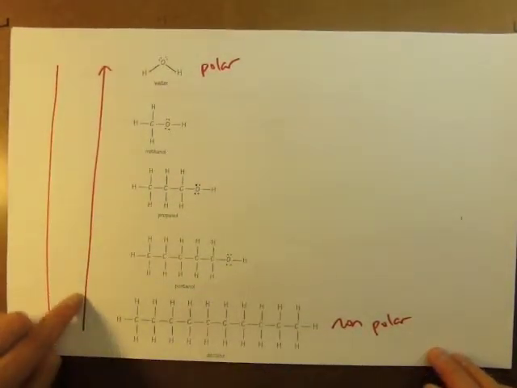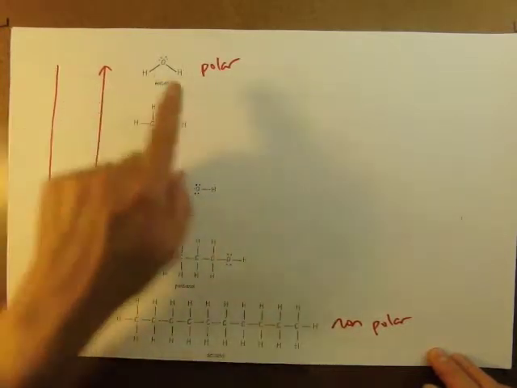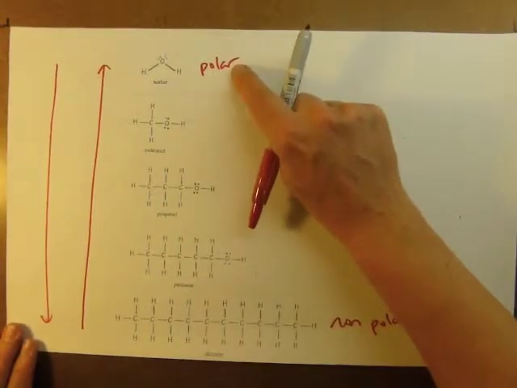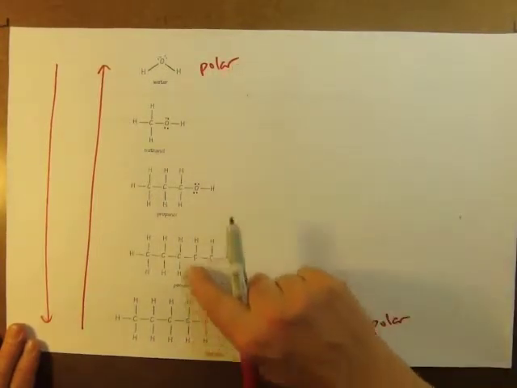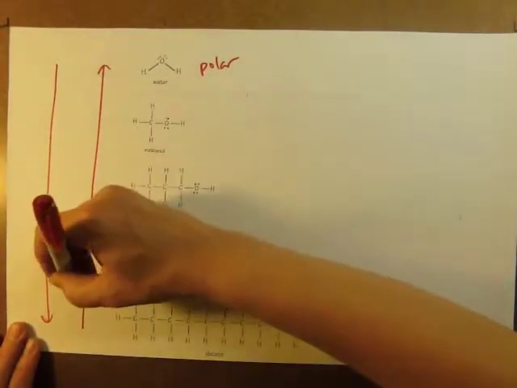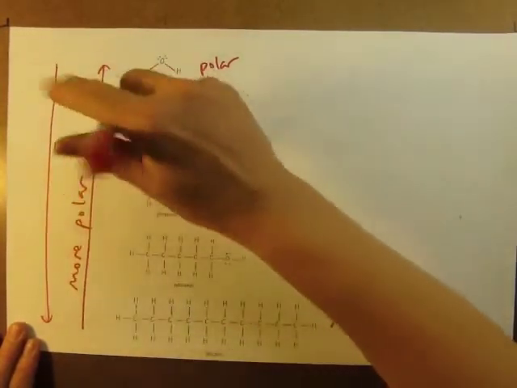So what's happening as you go this way, as the molecules are getting shorter, they're more like water, and since they're more like water, they're able to mix with water. If water is a polar molecule, then that means that the shorter the molecules are, the more like polar water they are, the more polar they are. So more polar as you get shorter.